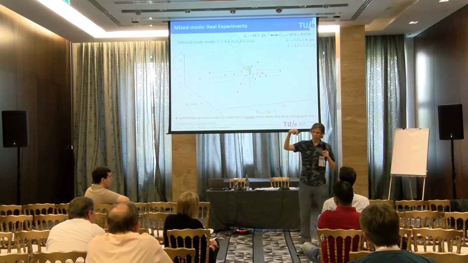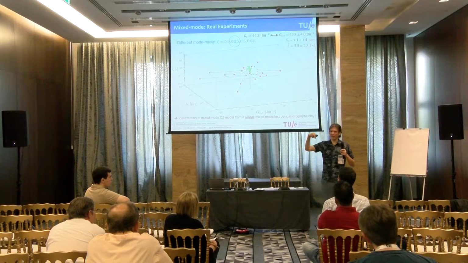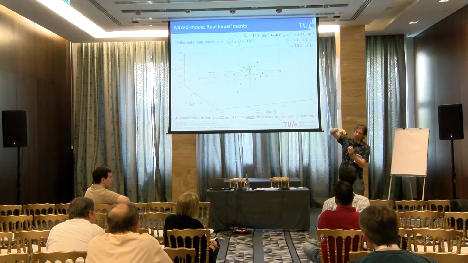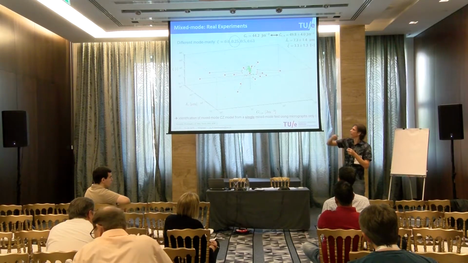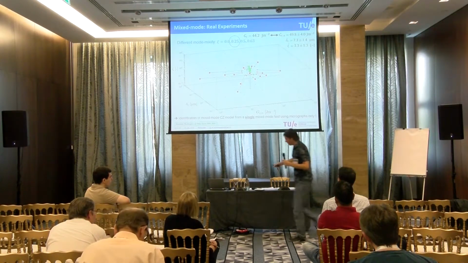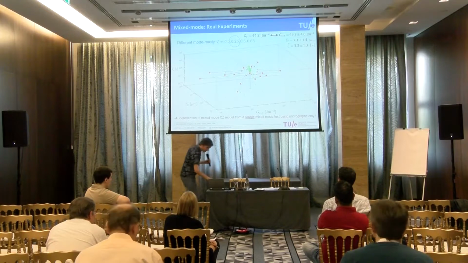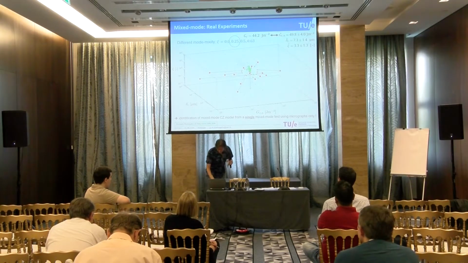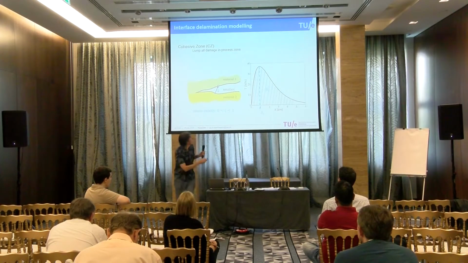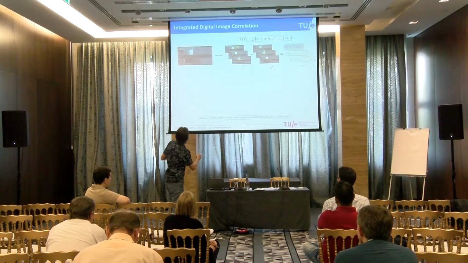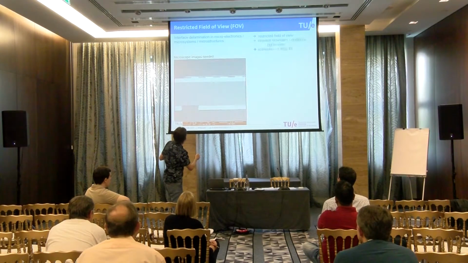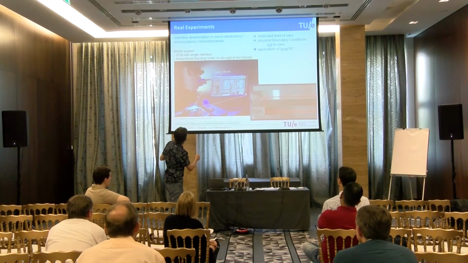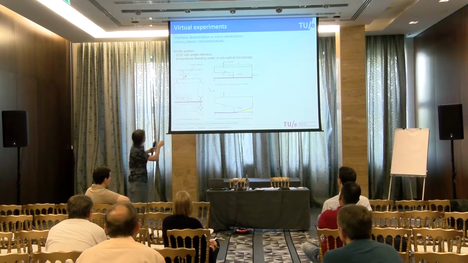In the Reeder and Crews mixed mode bending test, they introduce a parameter. So here, C is the length, isn't it?